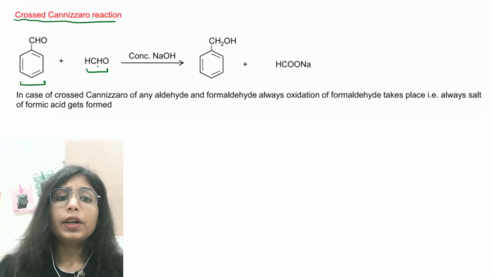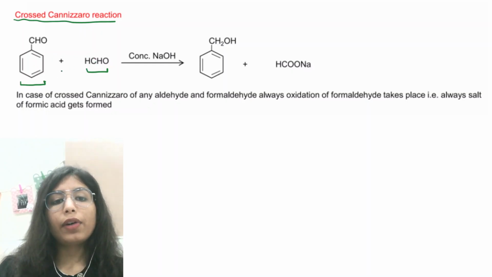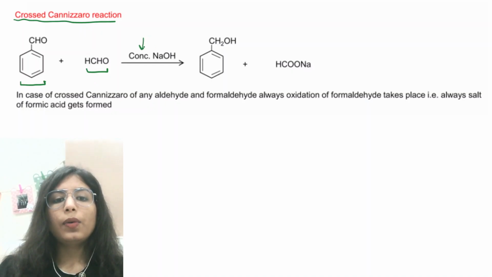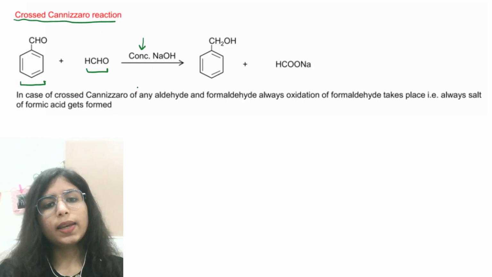Alright. So here you have identified that both of the aldehydes do not contain alpha hydrogen, right? So in the first step, you identify that it is a Cannizzaro reaction, and then that it is a crossed Cannizzaro reaction. Then you have a look at the reagent, that is conc NaOH in this case, which again confirms that it is the crossed Cannizzaro reaction.